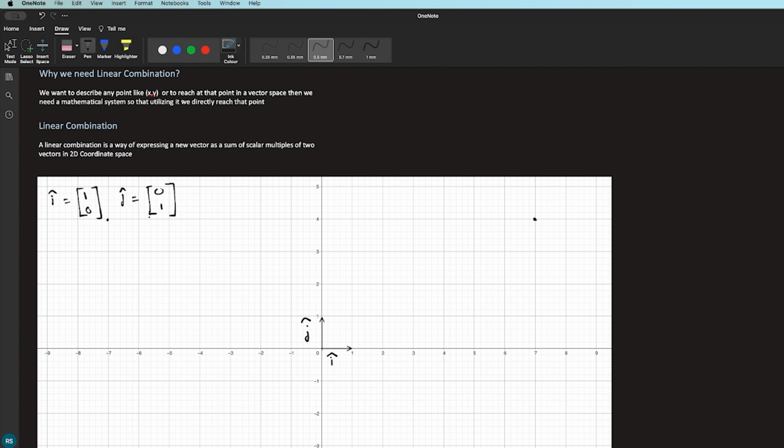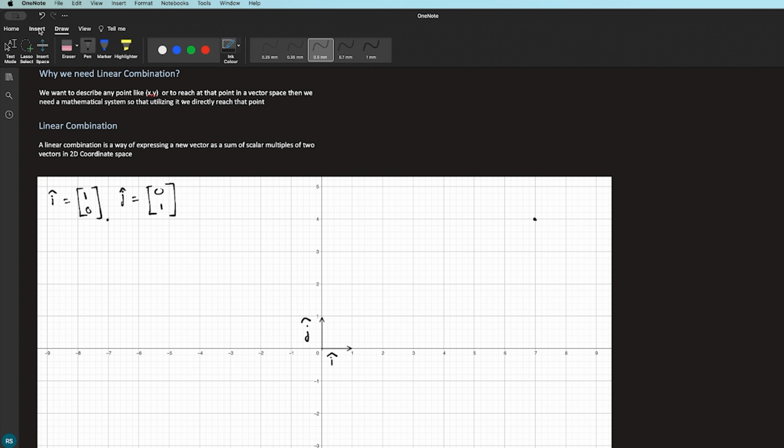Why am I writing it as (1, 0)? Because the vector i hat lies on the x-axis, so the x component is 1 and the y component is 0. The same goes for j hat: the y component is 1 and the x component is 0.